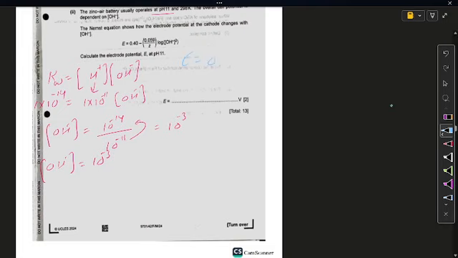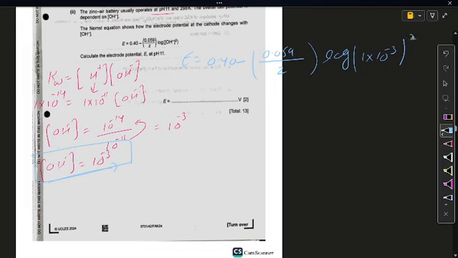E is equal to 0.40 minus 0.059 over Z, which is 2, times log of 1 times 10 raised to the power negative 3, because that is the OH negative ion concentration, and you take the square of it.